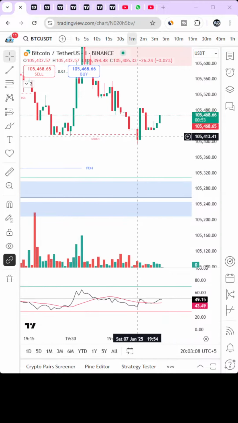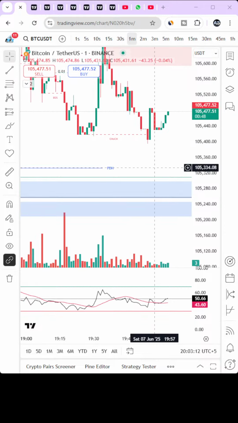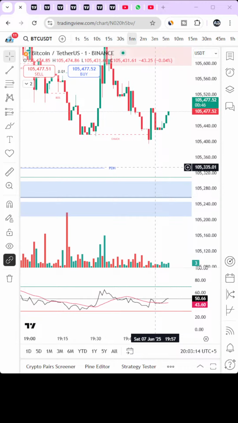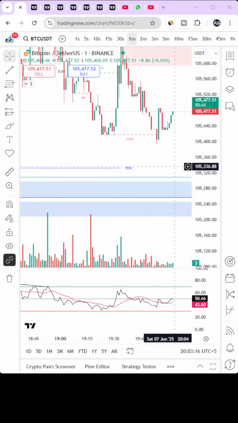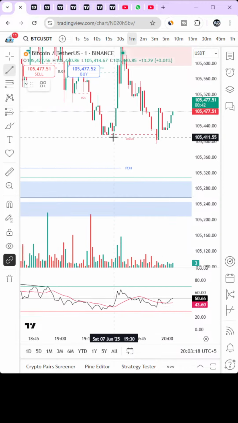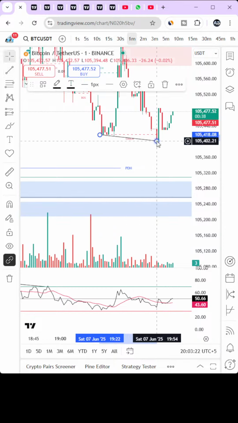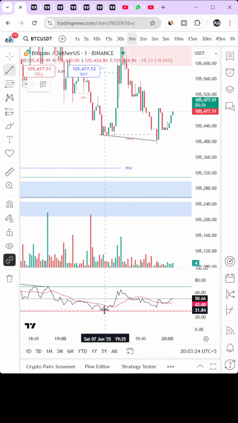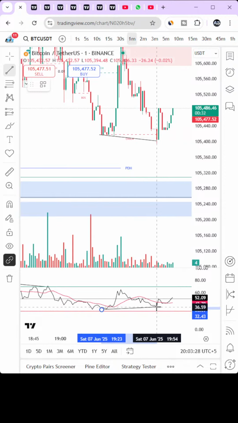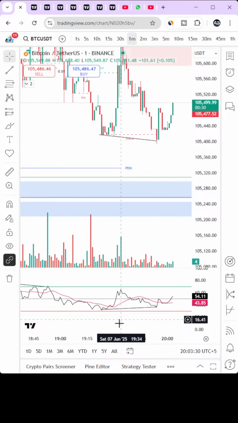Yes, this is a bullish engulfing, and RSI has also made some bullish divergence.